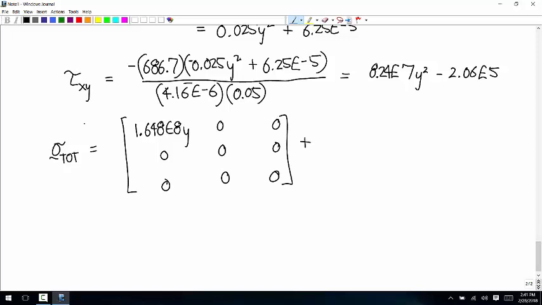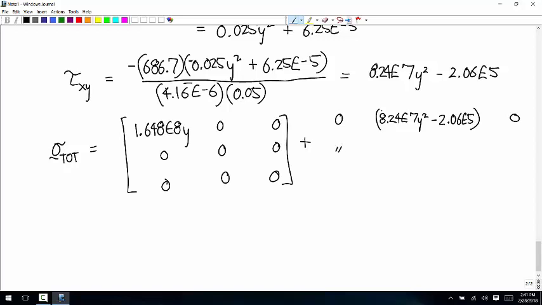And then the stress tensor due to the shear force is 0, then 8.24 times 10 to the 7th y squared minus 2.06 times 10 to the 5th, then 0.